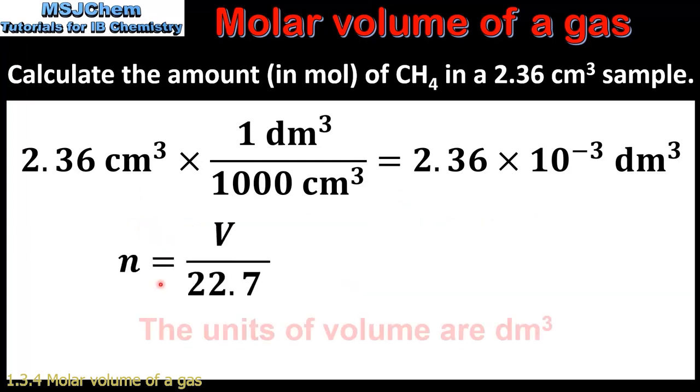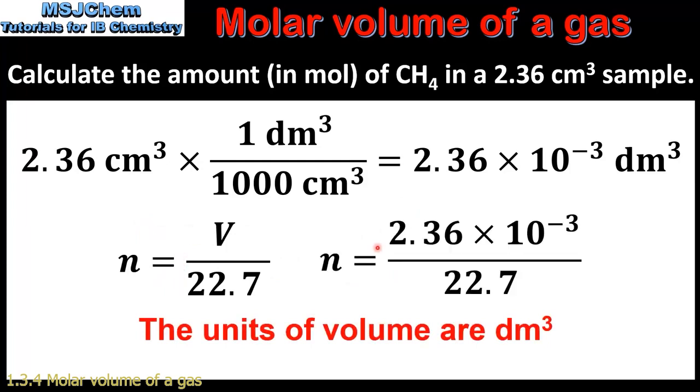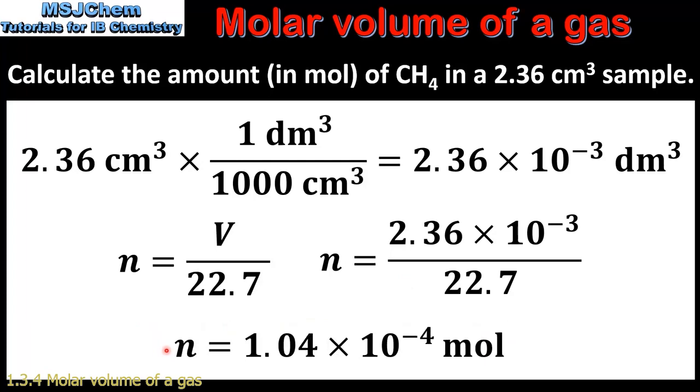We can then use the same equation as in the previous slide, which is n equals V divided by 22.7. So as we just calculated, the volume of CH4 is 2.36 times 10 to the negative 3 decimeters cubed, which we then divide by the molar volume of a gas at STP, which gives us an amount of methane of 1.04 times 10 to the negative 4 moles.